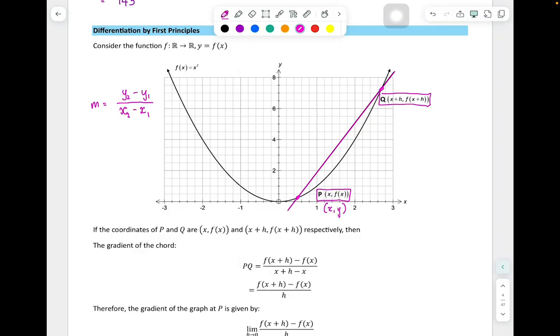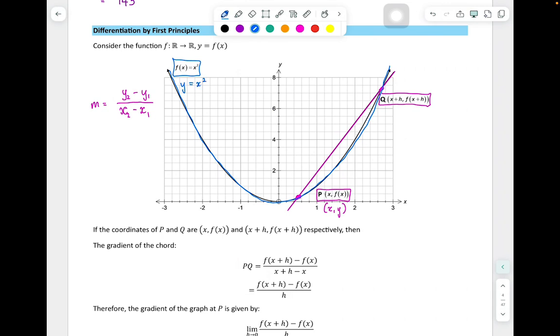So why, therefore, is it called x comma f of x? Because this coordinate is on this line of f of x equals x squared. This is the example of our function here, so essentially the y value is x squared.